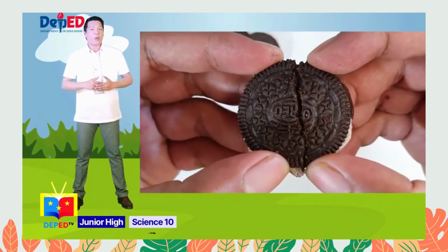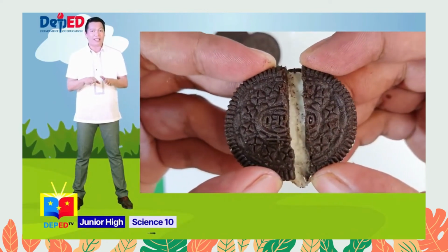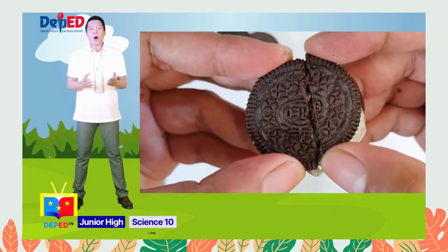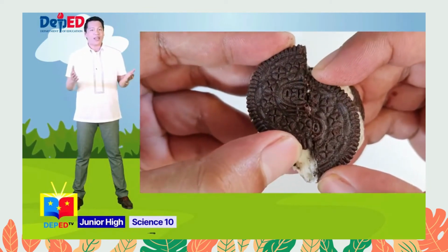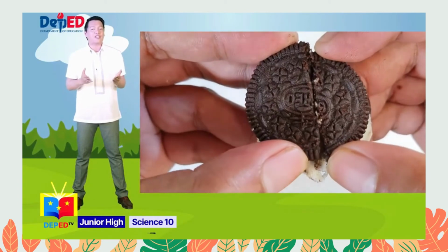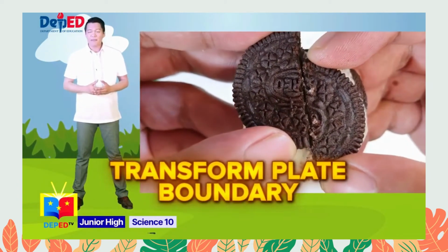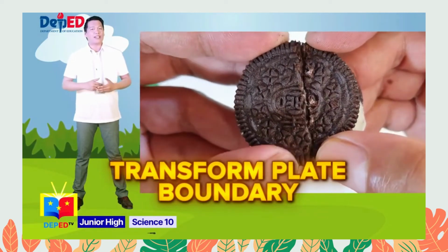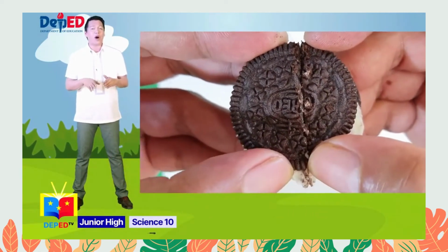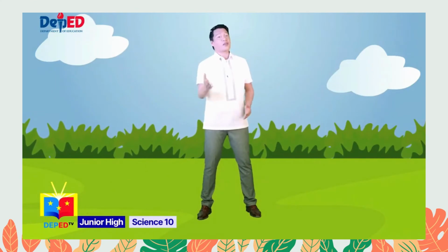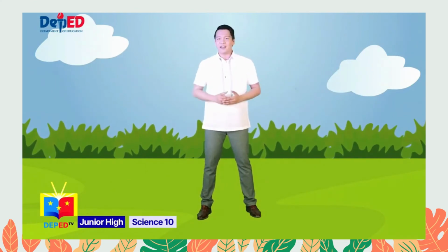And finally, when we tried sliding the two pieces laterally past one another over the creamy filling, we saw that the plates do not slide smoothly past one another. This demonstrates a transform plate boundary. It occurs when two plates slide past each other horizontally. So there, you have just learned about the different types of plate boundaries.